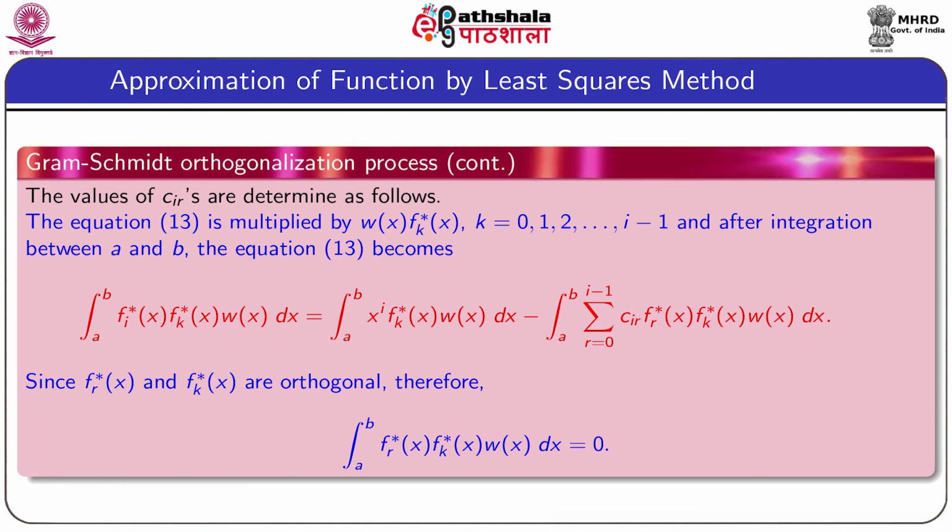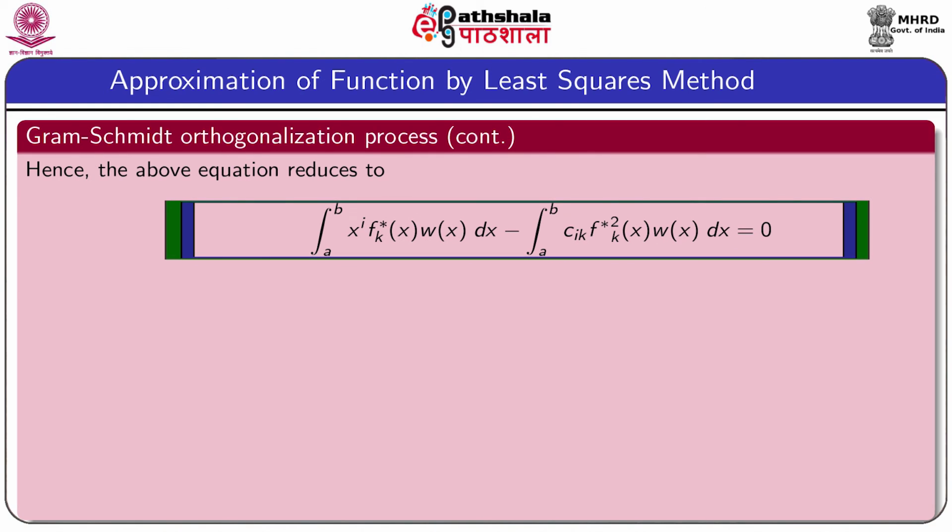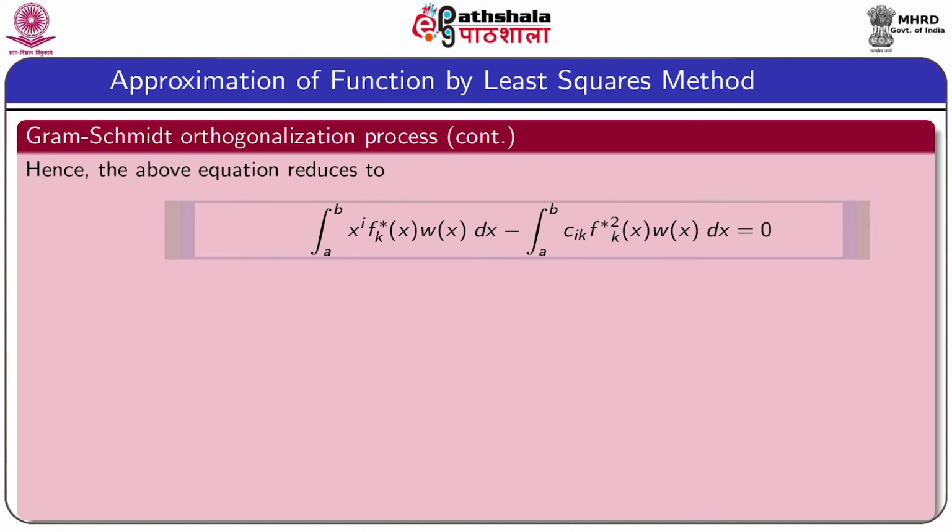So, integration a to b f_r*(x) f_k*(x) w(x) equals 0 for different r and k. Using this result, the above equation is converted to integration a to b x^i f_k*(x) w(x) dx minus integration a to b c_ik f_k* squared w(x) dx equals 0.